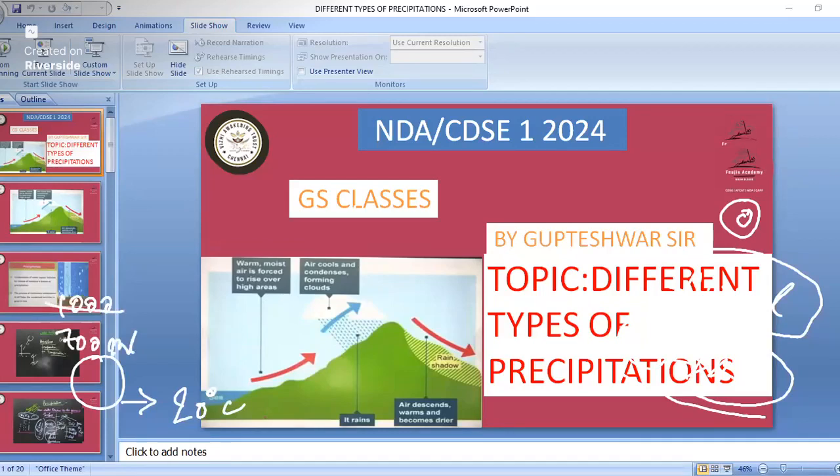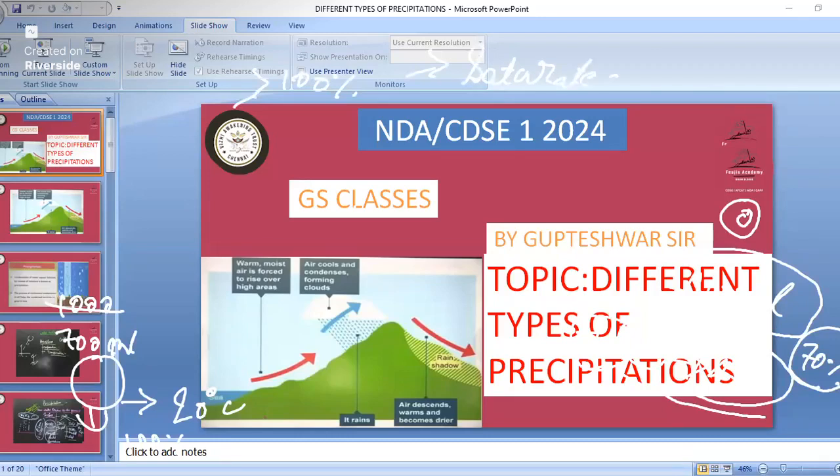So as it is going up, what will happen? Here you can see the capacity is full, 100%, and here only this much, 70 ml, is present. That means only 70% relative humidity is present. So if we have 100% relative humidity, then only that particular droplet will become saturated.